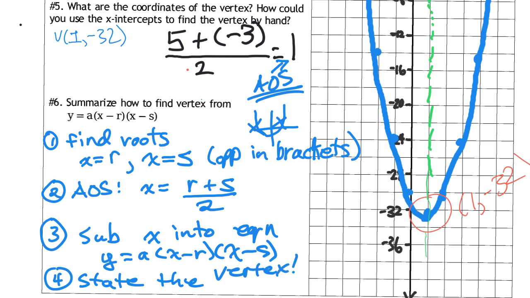And that's what we do in order to find the vertex when we have a parabola that crosses at 2 points on our graph.